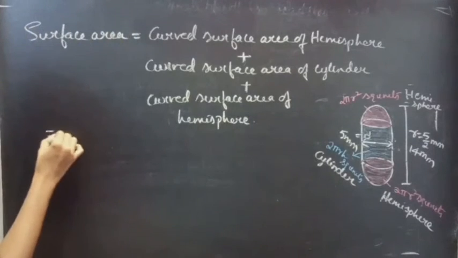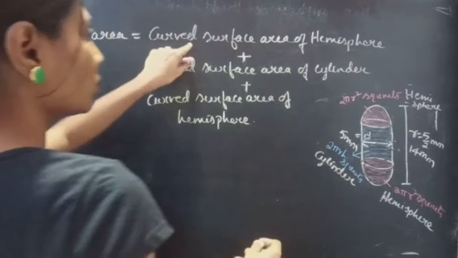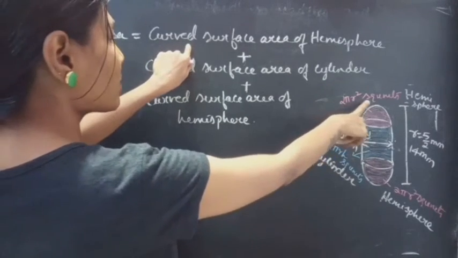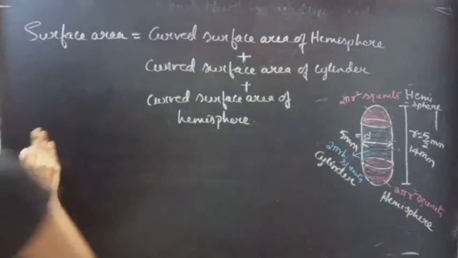So this equals, we know that the curved surface area of a hemisphere is given by 2 pi r square units.